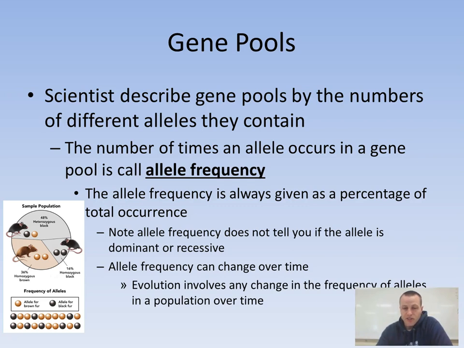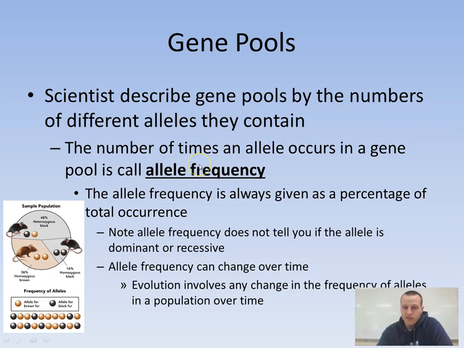We could have blue eyes, brown eyes, green eyes. We could have purple flowers or white flowers. We could have tall plants or short plants. Those are alleles that code for certain genes. The number of times an allele occurs in a gene pool is called allele frequency.